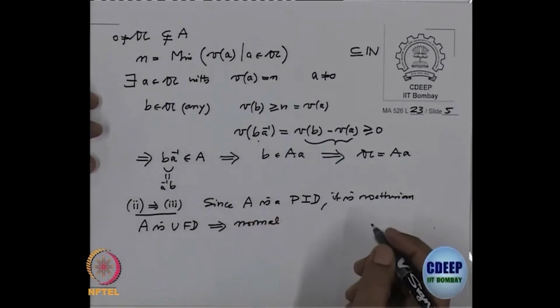So, that proves 3. 2 implies 3 is proved.